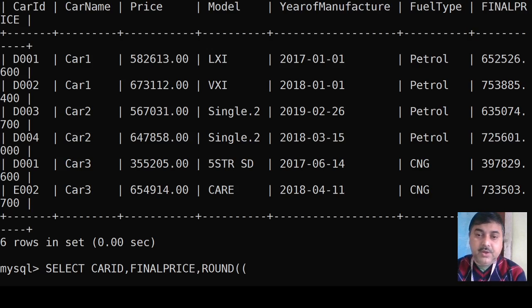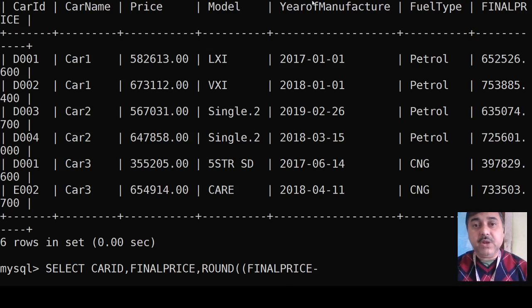Inside that, final price, then we have to deduct a particular value. Let us see what we are deducting: final price minus.